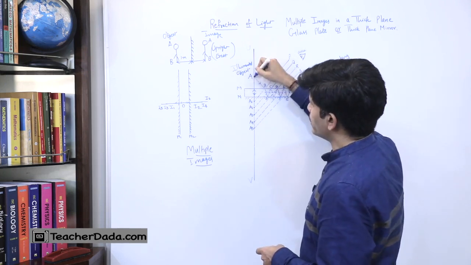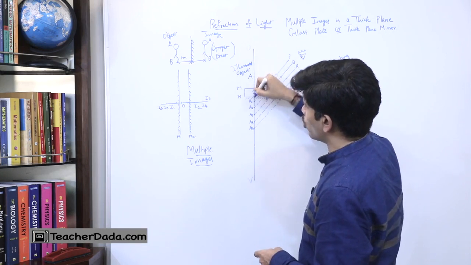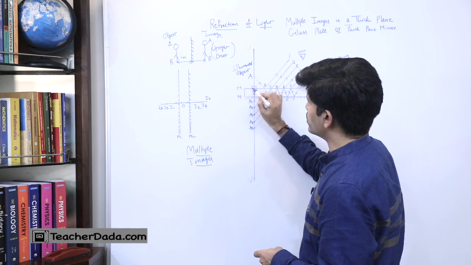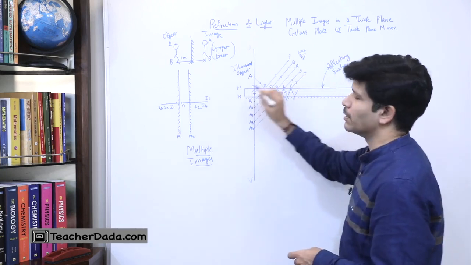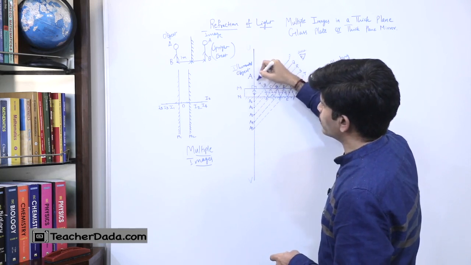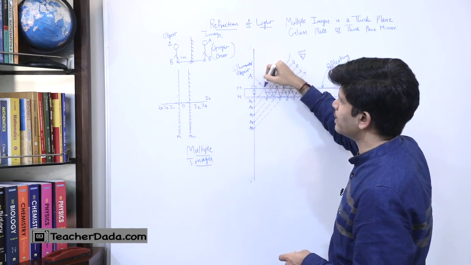Now from point A, the illuminated object, there are two rays. One will go normal, meaning it will be perpendicular to the reflecting surface LM. The other ray strikes the surface obliquely like this, and that ray is known as AB.